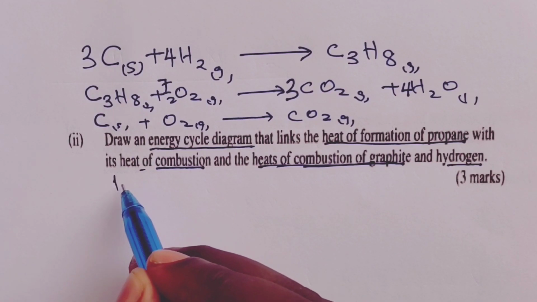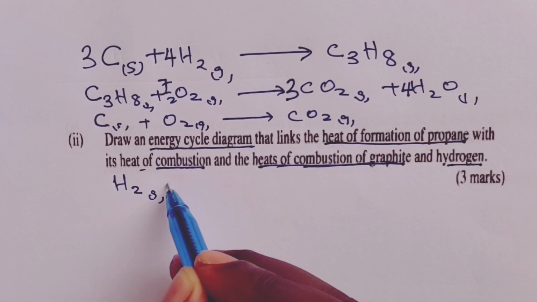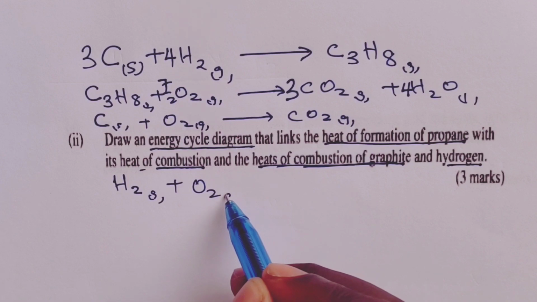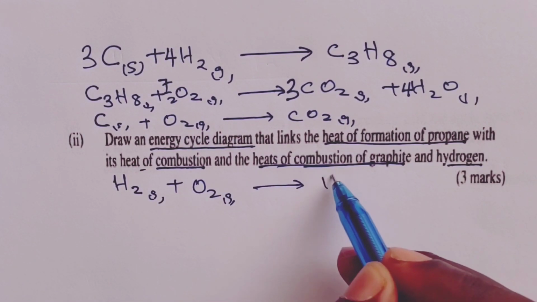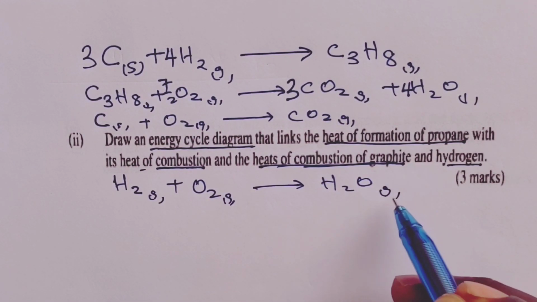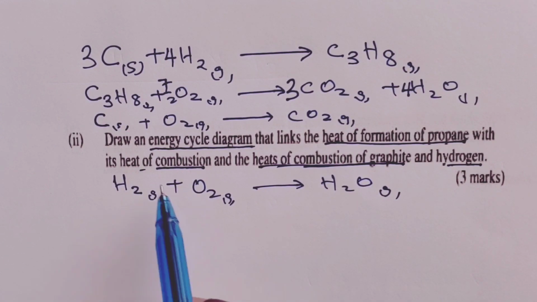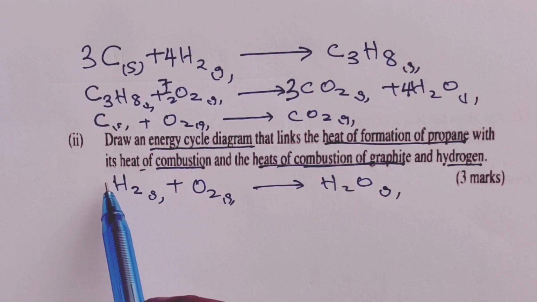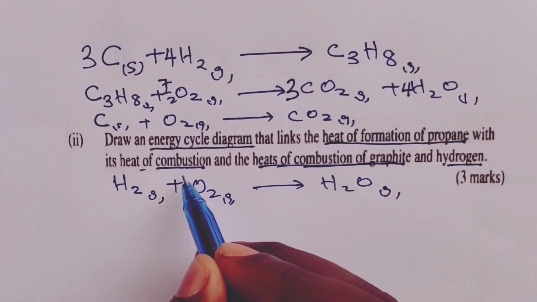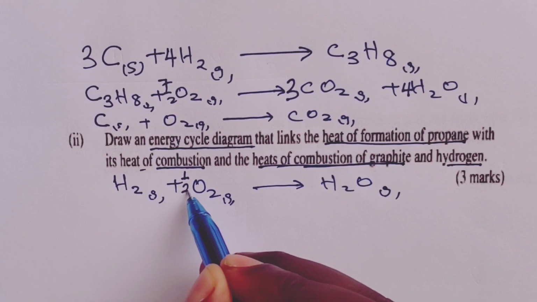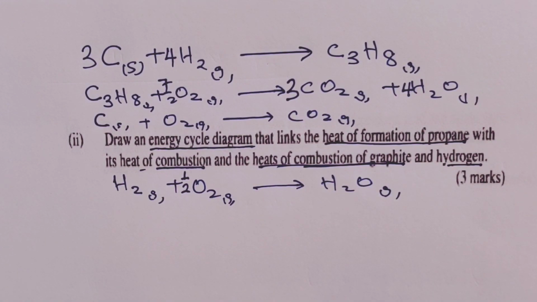And here we are burning hydrogen in excess oxygen to form water or steam. Here, as we balance, again, we have to ensure we maintain 1 on hydrogen. So it will demand that we balance with a 1/2 on oxygen. These are the 4 equations for the heat changes that have been described in our question.